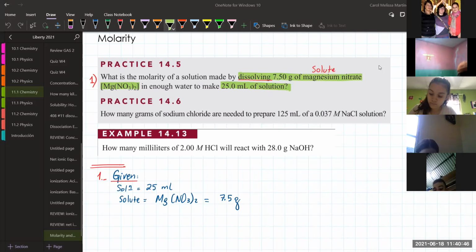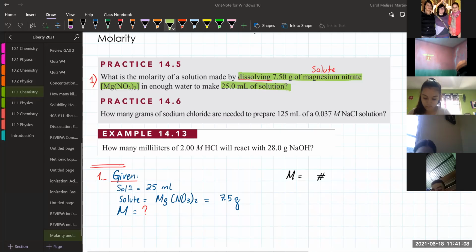The problem is asking me about molarity, which is an uppercase M. This is unknown. But what we do know is the formula for molarity. The formula for molarity says that we need to know the number of moles of solute, and we will divide by the volume in liters of the solution.